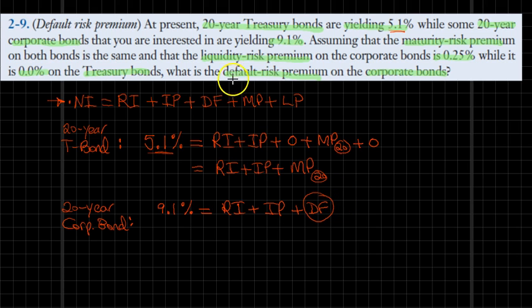The question is particularly asking for the default risk premium for our corporate bond, plus the maturity premium, but recall the maturity premium is the same for the corporate bond as it is for the treasury bond. It's given in the problem that the maturity premiums on both securities are equal. And finally, the liquidity premium is given as 0.25% for the corporate bond.